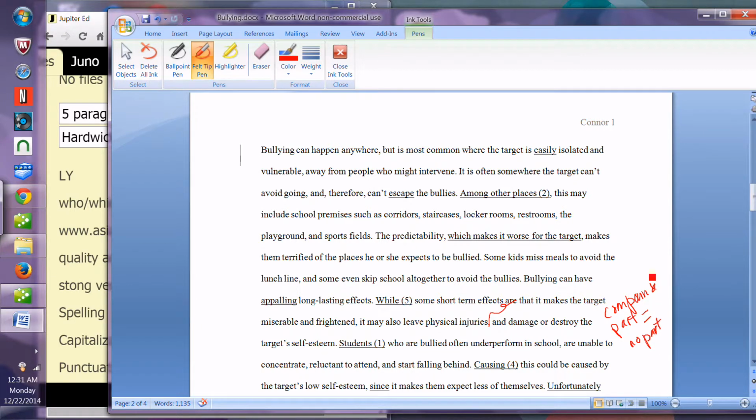If you want to make it into a compound sentence so you can have that comma, you're just going to have to put "and it." It may also leave physical injuries and it may damage or destroy the target's self-esteem. So you can fix it either way, but right now you have compound parts with a comma. So you can have a compound sentence with a comma or compound parts with no comma.